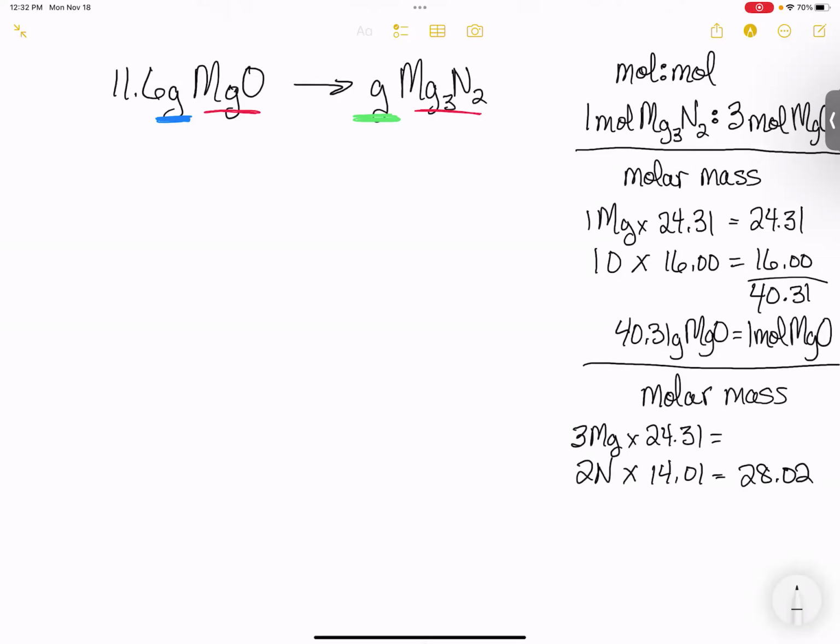That's correct. So the magnesium contributes 72.93 to the overall mass and the nitrogen 28.02 for a mass of 100.95.